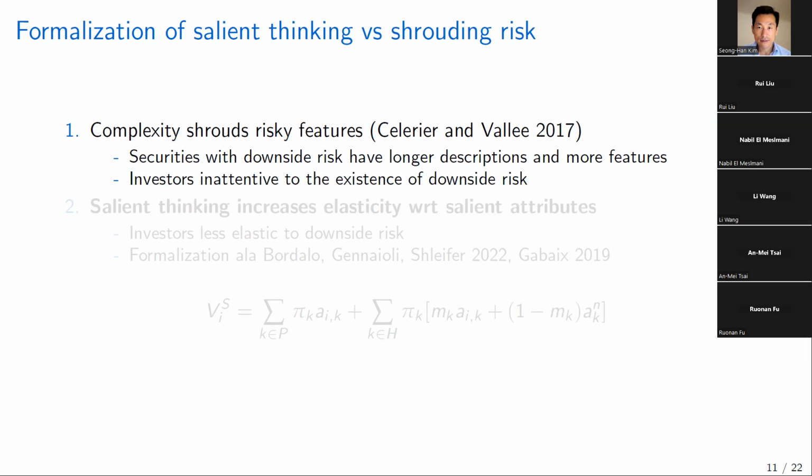And so their empirical design would be consistent with a story where investors are completely inattentive to the existence of downside risk. So this would be a very high degree of naivete of investors. This is different from the mechanism I have in mind.